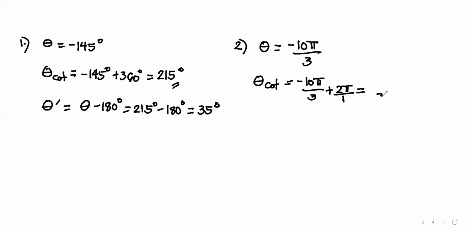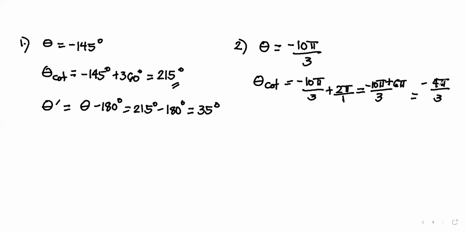Get the LCD, which is 3. 3 divided by 3 is 1, times negative 10 pi. Negative 10 pi plus 3 divided by 1 is 3 times 2 pi, that is 6 pi. So we will have negative 10 pi plus 6 pi, which is negative 4 pi over 3.